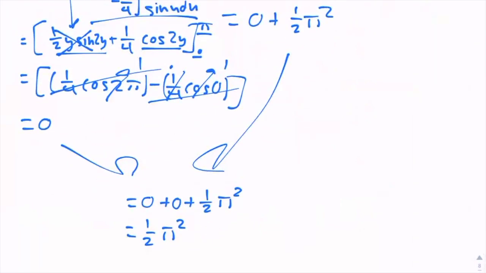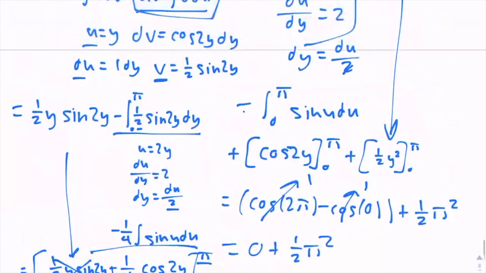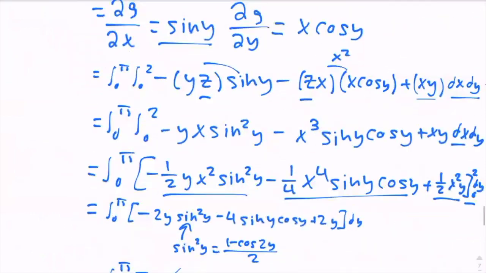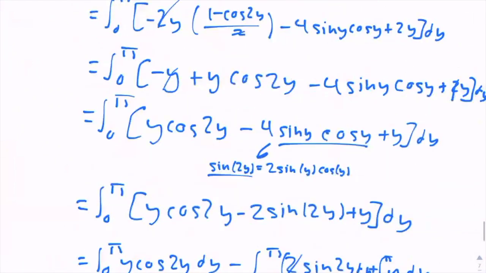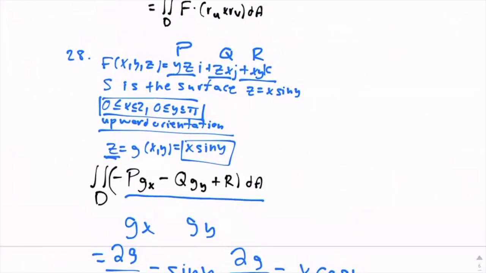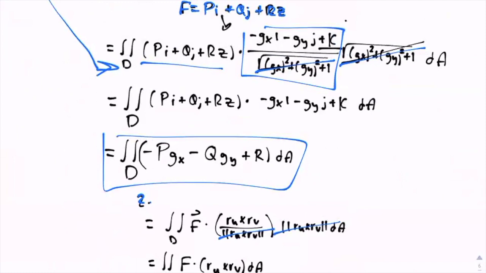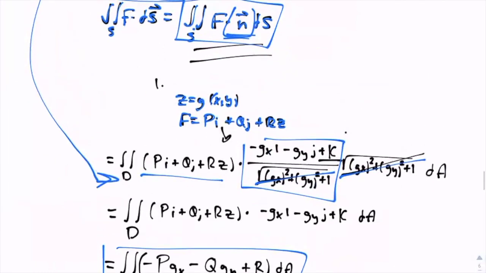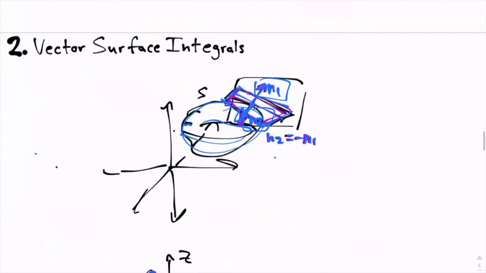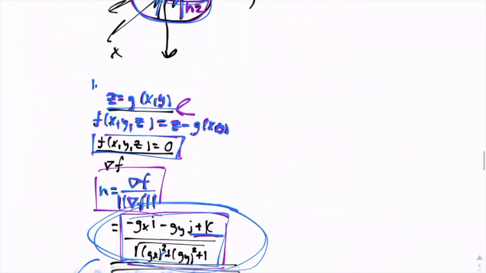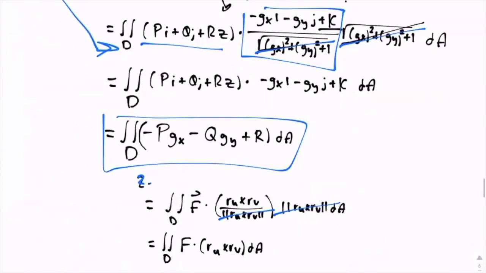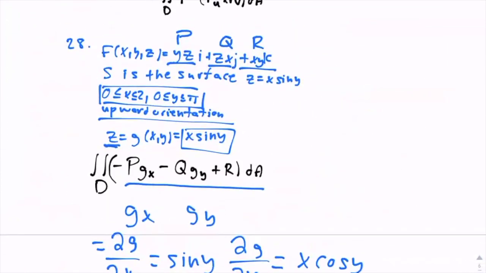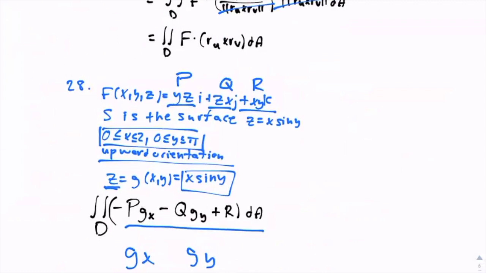And there we go. Now, let's just check over this really quickly to make sure we didn't make any mistakes, as this was, as we can see, a very long question. We see that in order to solve this, we used the second variation of our vector surface integrals, as we defined from our first unit normal vector, as we were given our z value, and we were also given our positively oriented vector field.